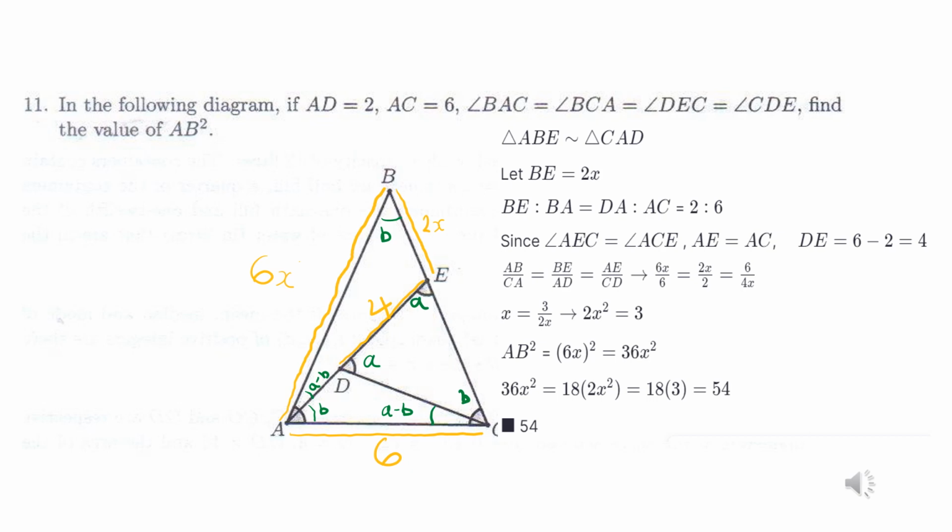From this we can easily find out by bringing all the x's to one side that 2x squared is equal to 3. Now, what is AB? AB is 6x. And what is 6x squared? 36x squared. And what is this? 2x squared times 18, which is just 3 times 18 because we already know that 2x squared is equal to 3. So we get that AB squared is just 54.